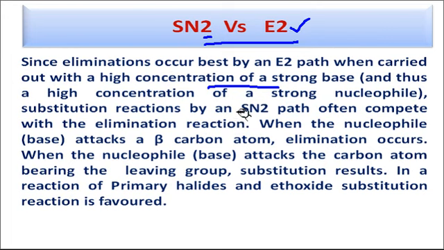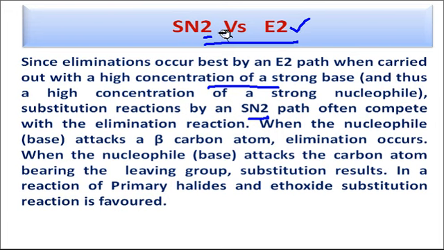Okay. Substitution reactions by the SN2 mechanism often compete with the E2 mechanism because conditions for both the reactions are very much the same. That is why there is always competition between the SN2 and the E2 reaction. But how do we determine whether the product will be formed by the E2 mechanism or the SN2 mechanism?